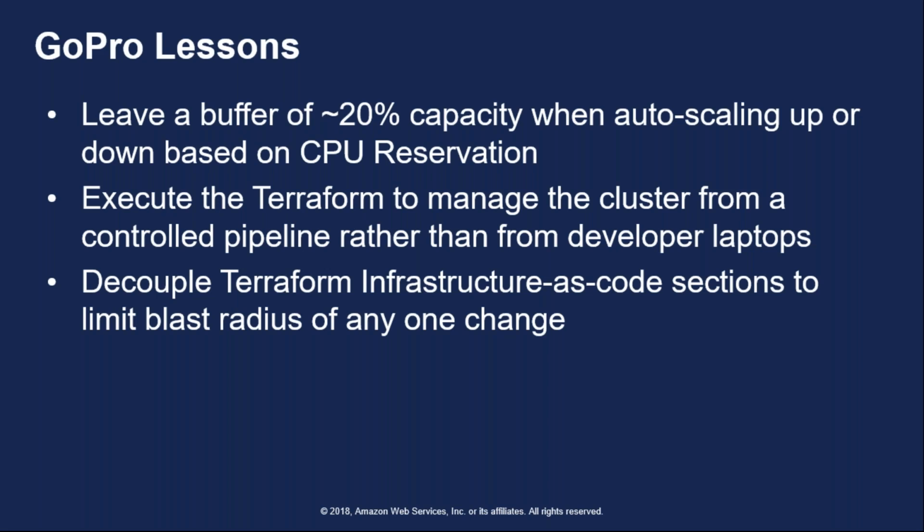So it might be a good practice to keep a 20% buffer in your EC2 fleet, so that if your services auto scale at a higher rate, they will have an EC2 instance to be hosted on. Execute the Terraform to manage the cluster from a control pipeline rather than from a developer laptop. So this is also something we covered.